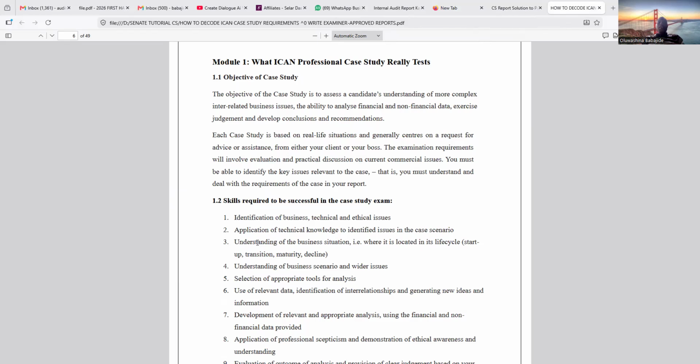The moment you see the case given to you, you must be able to identify which type of business it is, how technical it is, then what are the ethical issues surrounding this type of business. Do you see how I break it down? Which type of business is this? How technical is this type of industry? Then what are the ethical issues surrounding this type of industry?